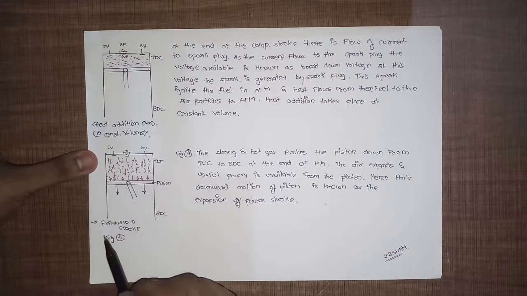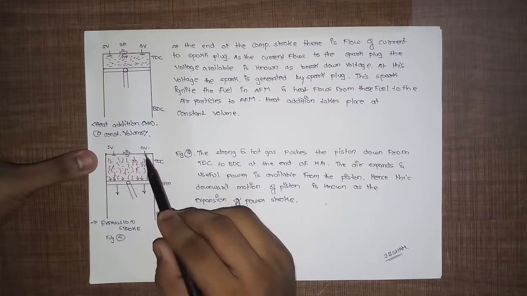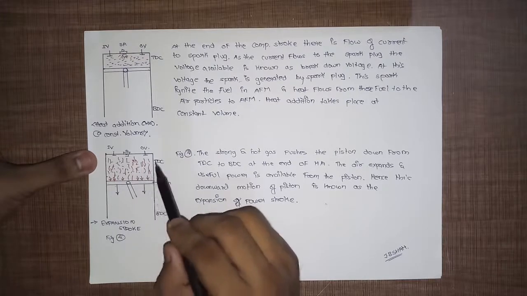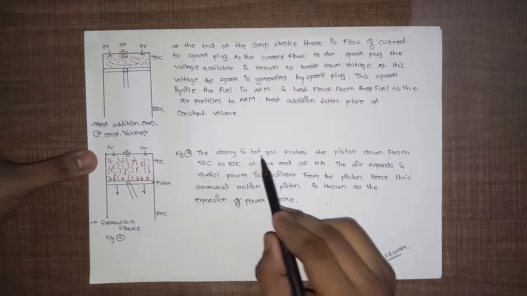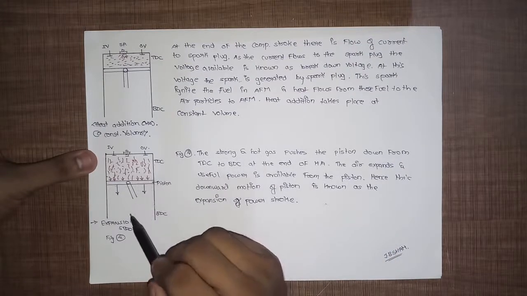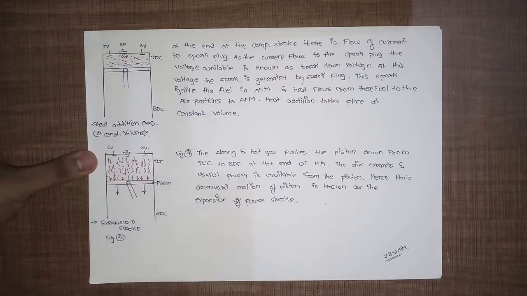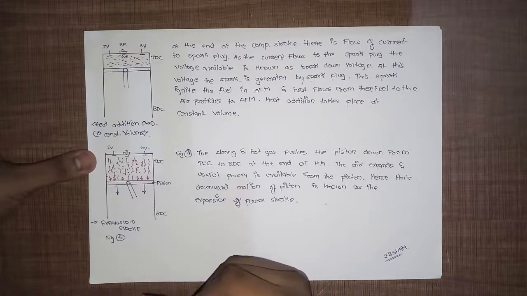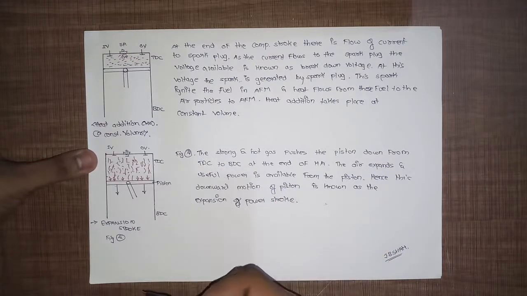Now another stroke, the expansion stroke or power stroke. In the power stroke, we know that the piston was at top dead center. The fuel ignited and the air fuel mixture gases start burning. These strong and hot gases push the piston downward, meaning the piston moves from top dead center to bottom dead center. Note that during the suction stroke and compression stroke, we are giving power to the piston to move from TDC to BDC or BDC to TDC.